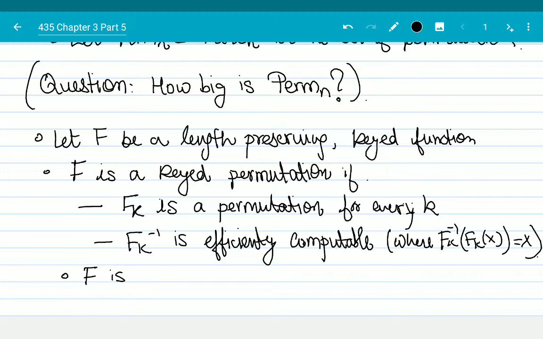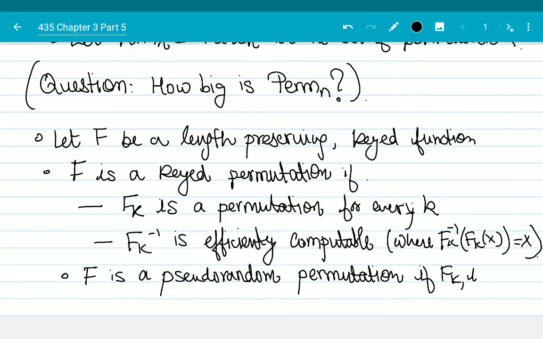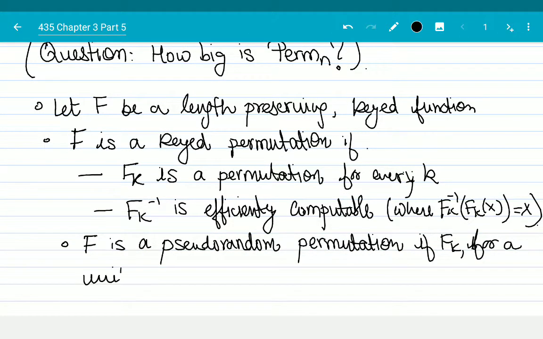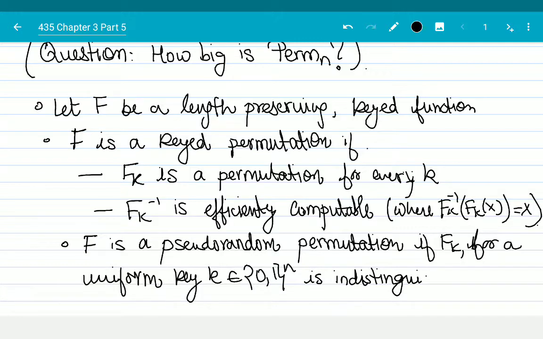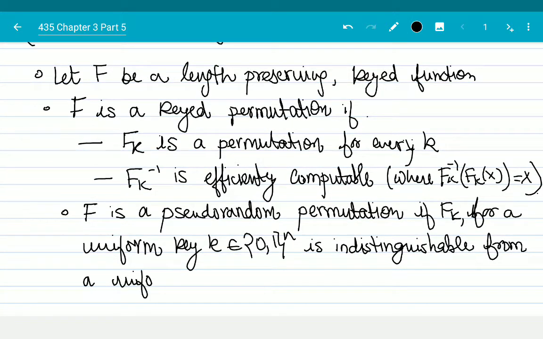F is a pseudorandom permutation if F_k for a uniform key k belonging to {0,1}^n is indistinguishable from a uniform permutation f belonging to Perm_n.